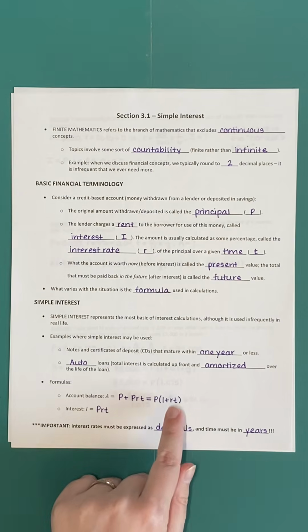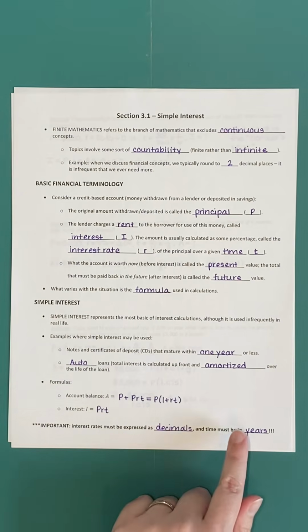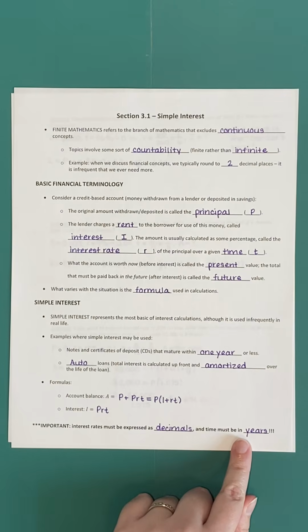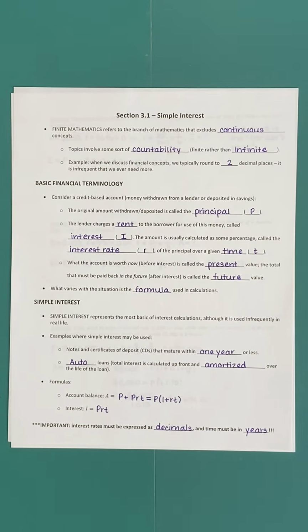You may be familiar with how to do that, but if you're not, we'll talk about how you would do that. And then time, T, has to be expressed in years. If it's not given in years, say it's given in months or days, something that we can think of as a fraction of a year, then we have to convert it to years. And the way we're going to do that is we're going to take our period of time and write it as a fraction of a year. We're going to think of the part that we have versus the whole that we would need to represent the entire year.